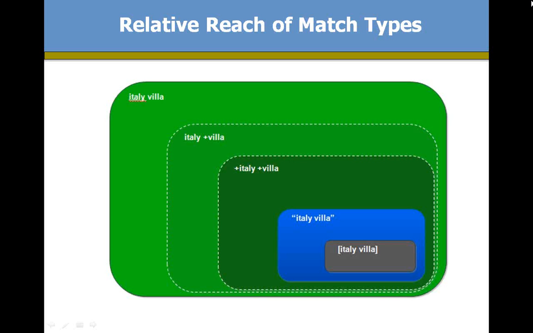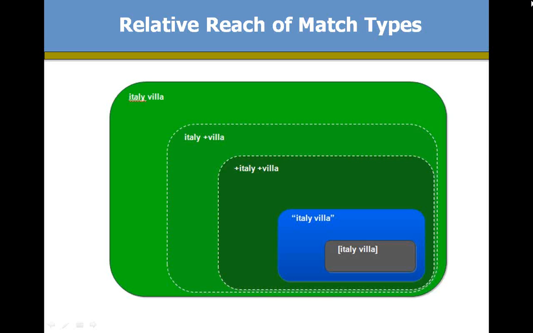Let's talk through this a little bit. Going from the exact match, Italy Villa, the user queries and searches on exactly those two words, Italy Villa. On the phrase match, Italy Villa, the user would query something like rent Italy Villa or Italy Villa vacation.